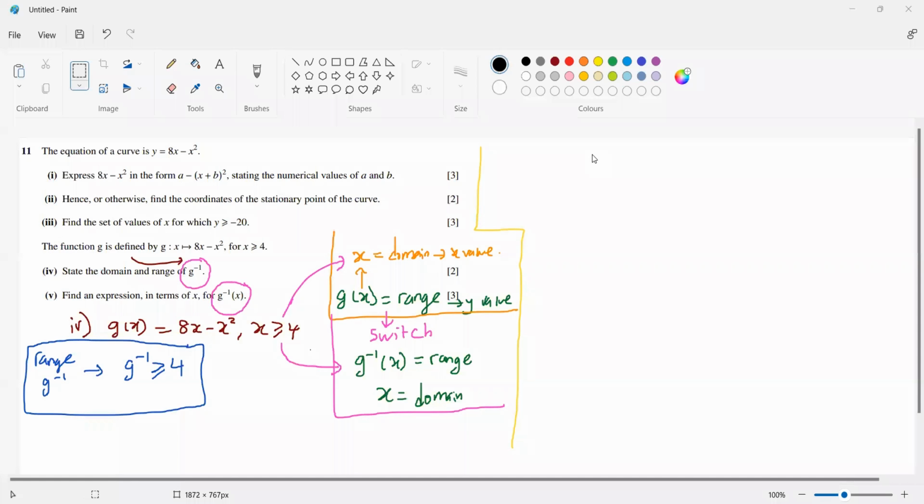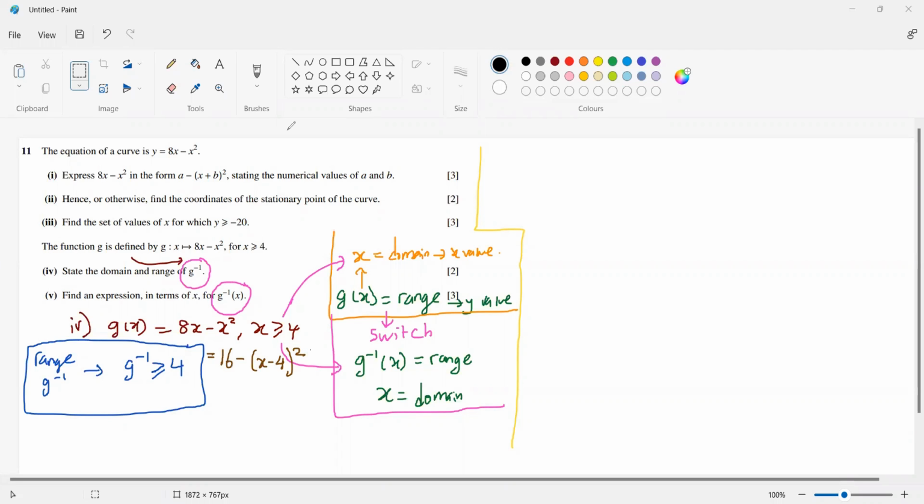So then the domain, we have to do in reverse. The reason why I'm reading it like that is because the given function is gx, without finding the g negative 1x we're trying to do. If you recall just now, we could rewrite this as 16 minus x minus 4 squared, right?